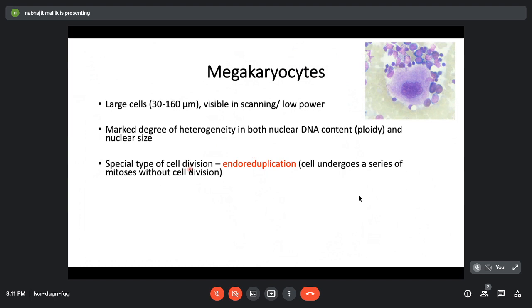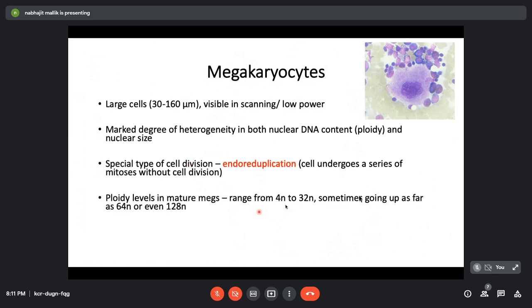There is a special site of cell division, and sometimes the ploidy goes as far as 32N, 64N, or even 128N, and the 16N megakaryocytes are the most commonly found ones in the bone marrow.